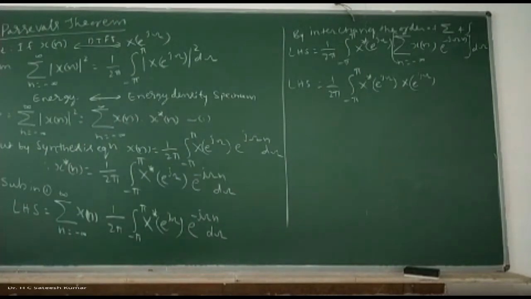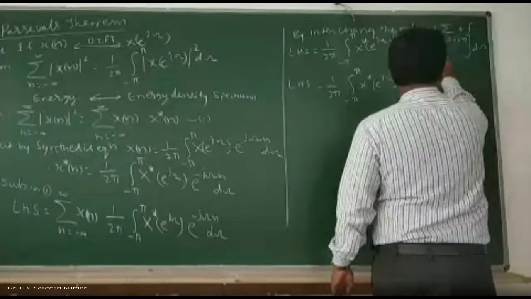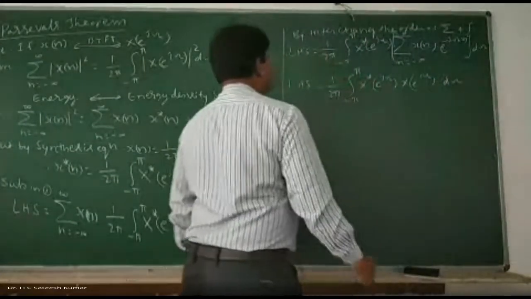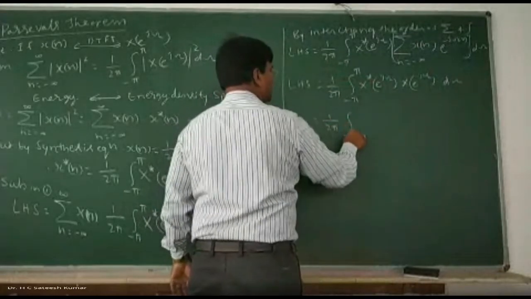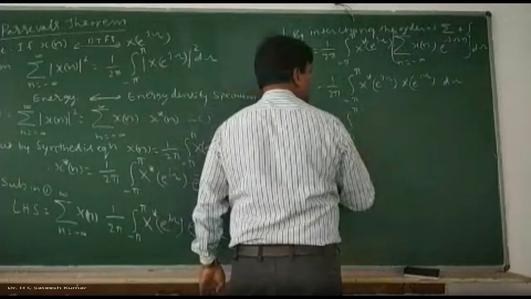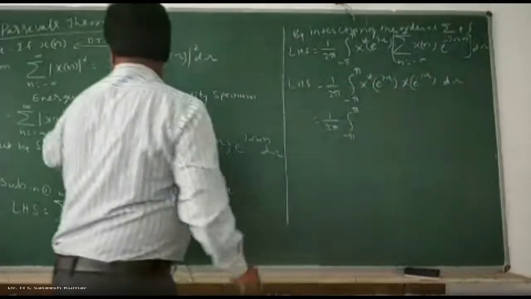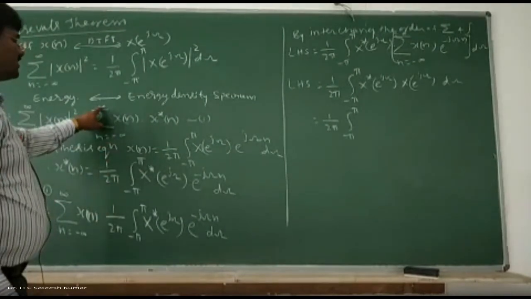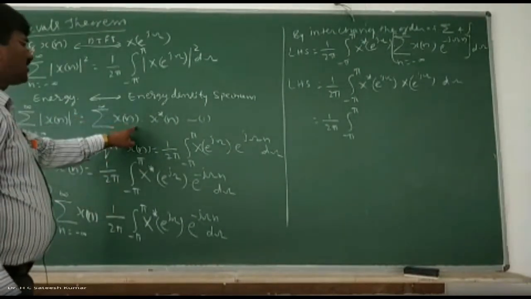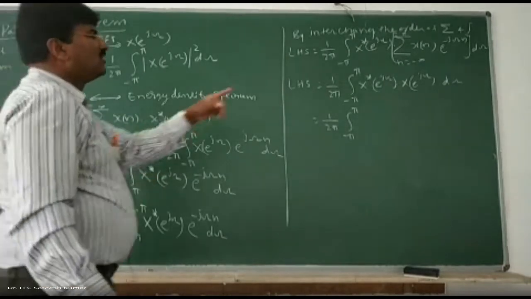So therefore, you can write it as x of e to the power of j omega into d omega. So this can be written as 1 over 2 pi into integration from minus pi to plus pi. Similar to the expansion we gave now, magnitude of x of n whole square is nothing but summation n varies from minus infinity to plus infinity x of n into x star of n.